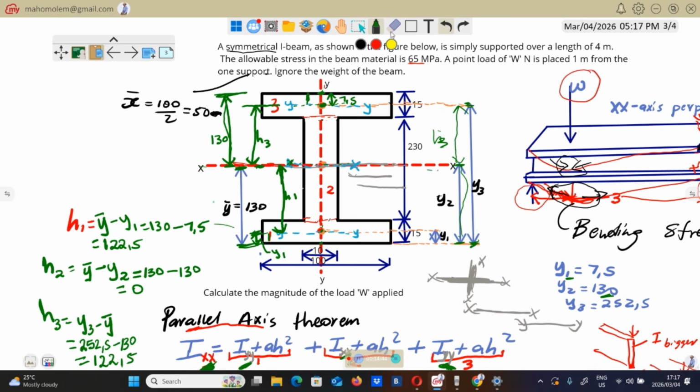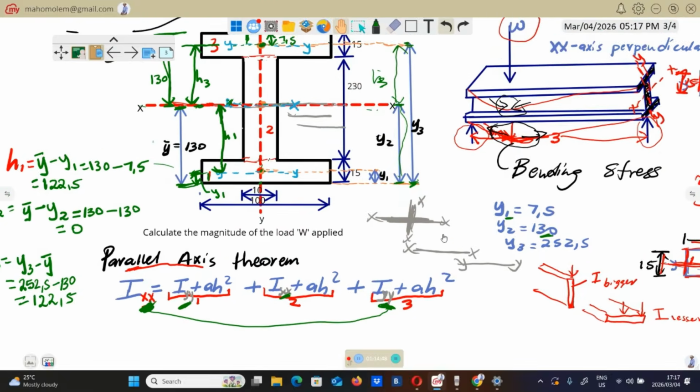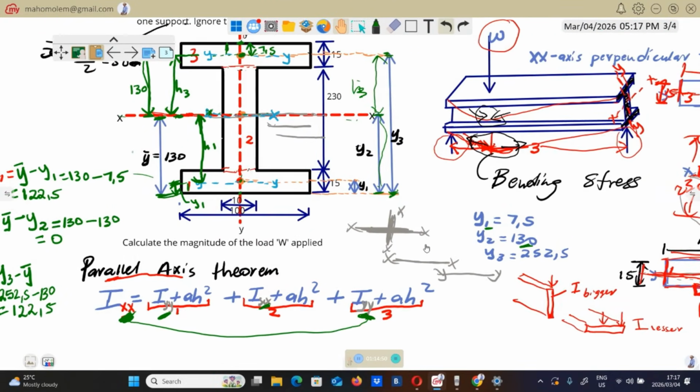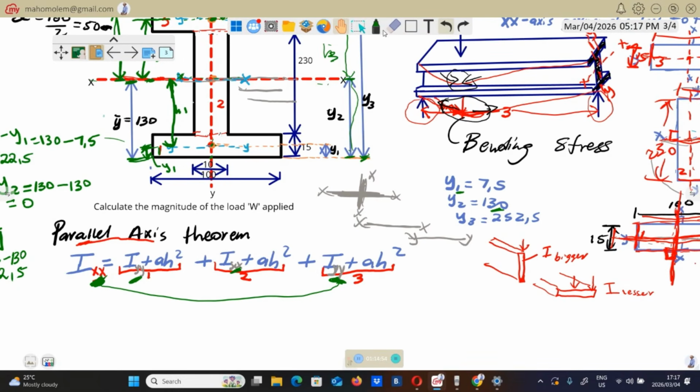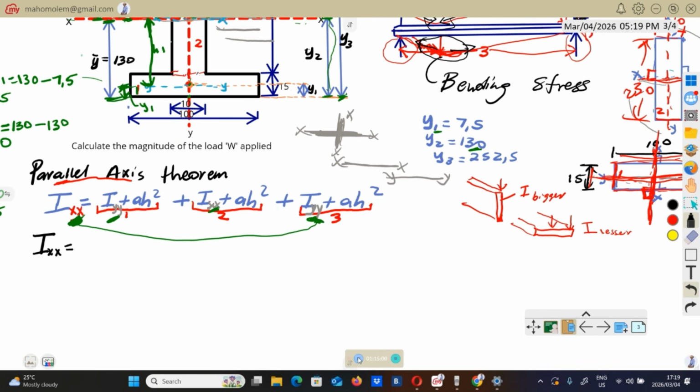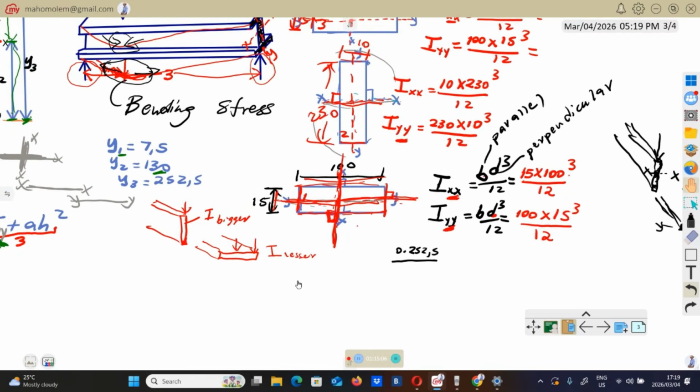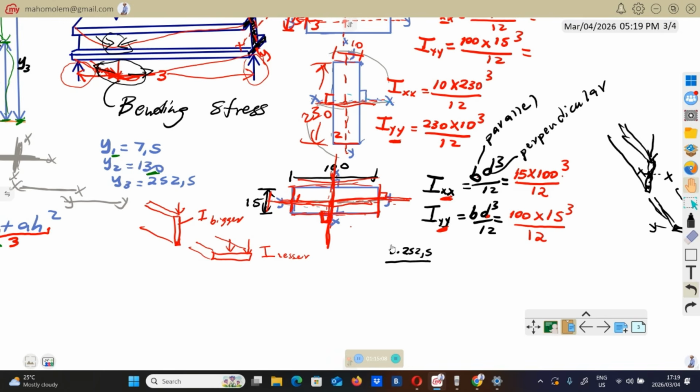Right, now after this, we go and substitute. We have everything now. We come to this parallel axis theorem and substitute. So you will go to those i's that we calculated here. You go for box number 1.